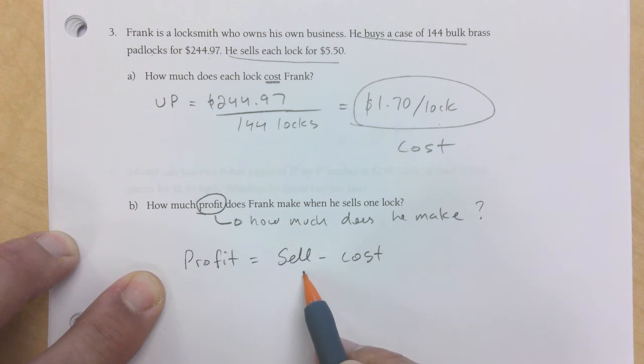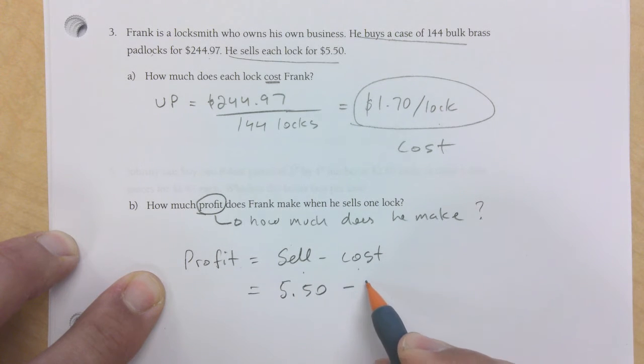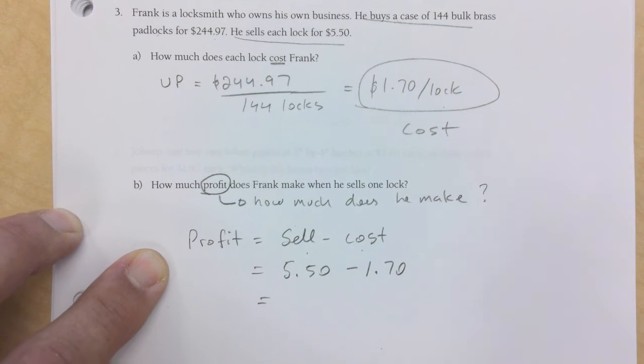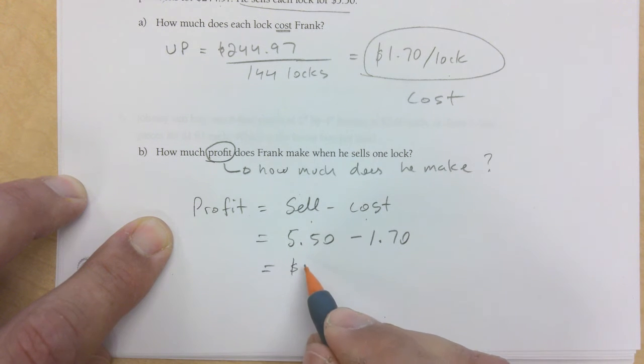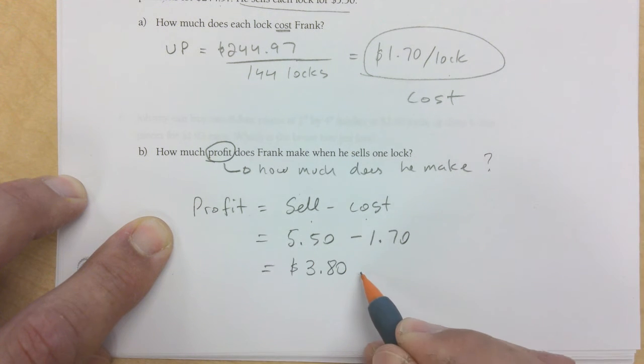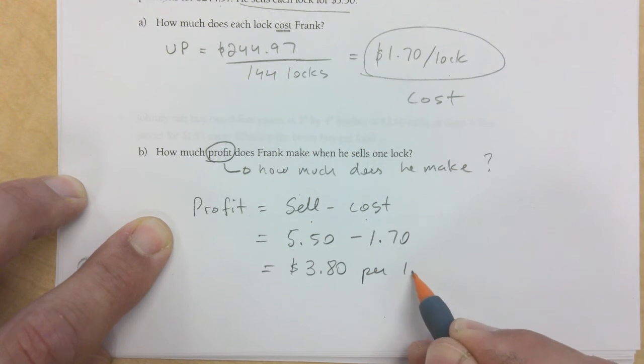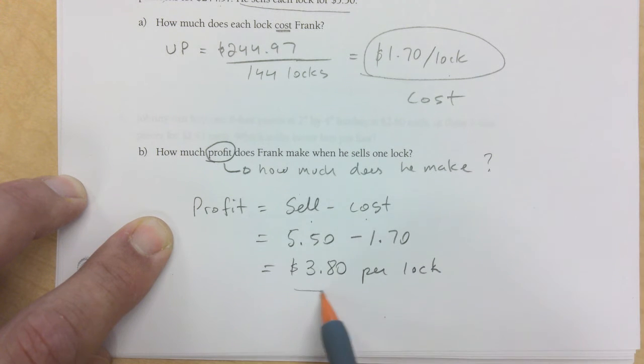The amount you sell it for subtracted by the cost, and you sell it for $5.50 and it costs you $1.70 per lock. So that is your profit, whatever you keep at the end of the day. So it's 3.80 per lock of profit.